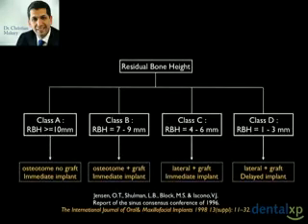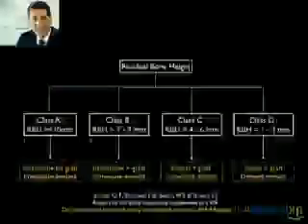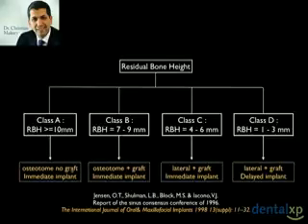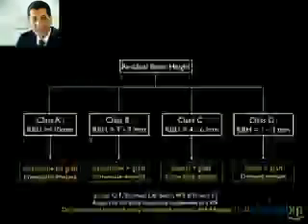So if we go back to that first slide I showed in the beginning of the presentation, that is the consensus. And if I ask you again the question, what is the consensus? Is it true that whenever we had a 7 to 9 millimeter of residual bone height, we could perform the Crestal approach, and in all other cases we had to perform the lateral approach?